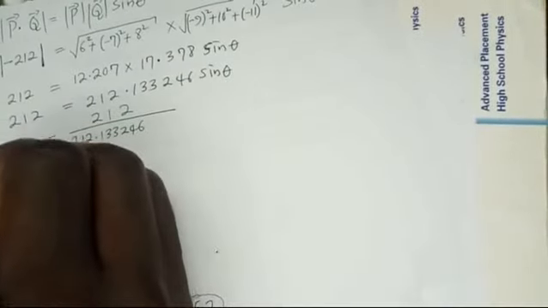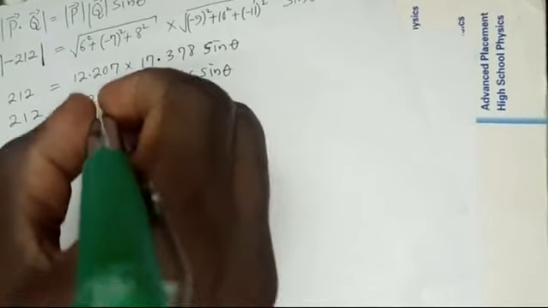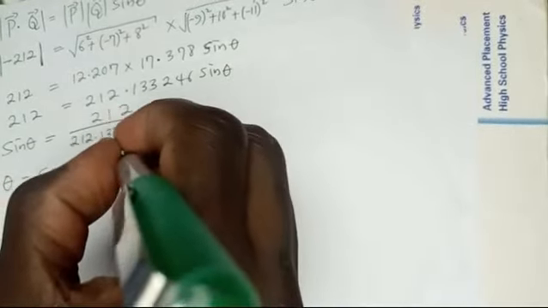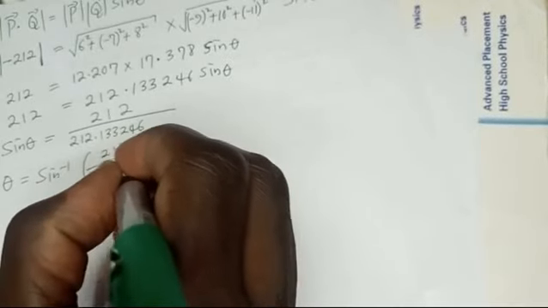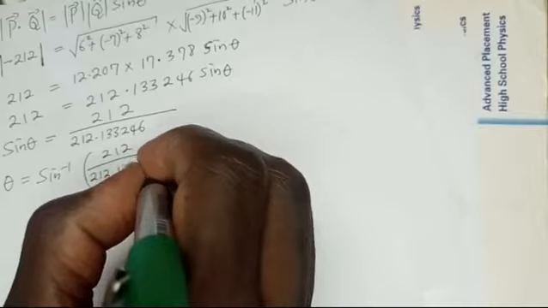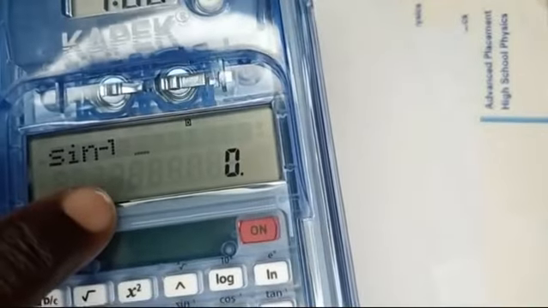Then theta is equal to sine inverse of this fraction, 212 divided by 212.133246. How do we press sine inverse? Very simple. First press shift, then look for the sine key and press it, and sine inverse appears.